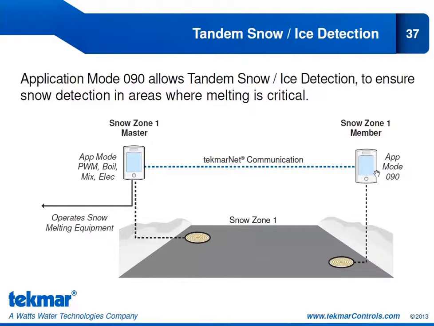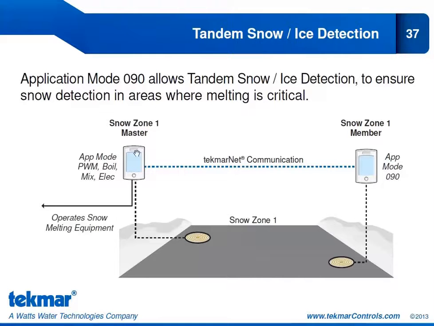Each 654 is connected to its own 090 or 094, and we have the Snow Zone 1 member and the Snow Zone 1 master. When you select application mode 090, this control automatically becomes the member control.